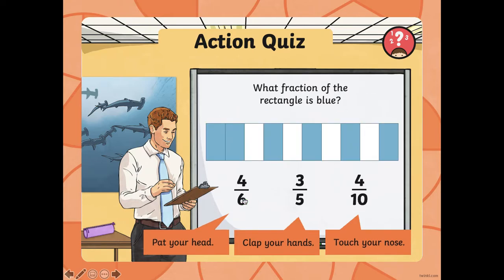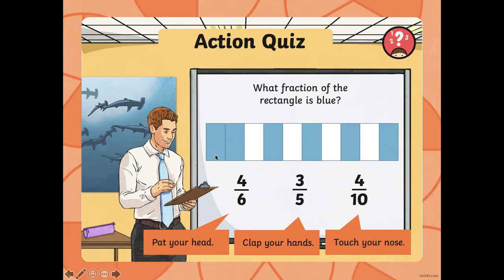What fraction of the rectangle is blue? Is it 4/6, 3/5, or 4/10? So here we have 1, 2, 3, 4, 5, 6, 7, 8, 9, 10 squares in total, so it's something out of 10.